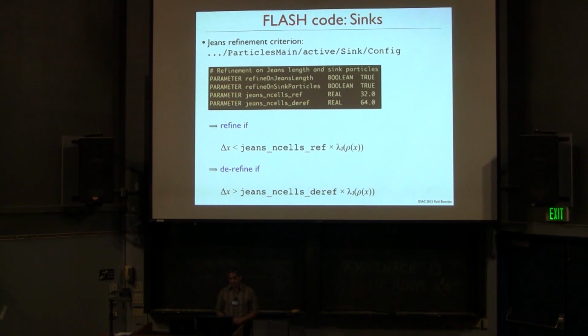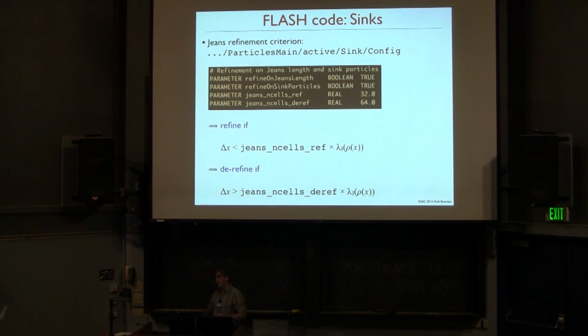And you actually find this Jeans refinement criterion within the sink particle module. In practice you can use a much bigger number here, just making sure that on the highest refinement level it approaches the Truelove criterion.